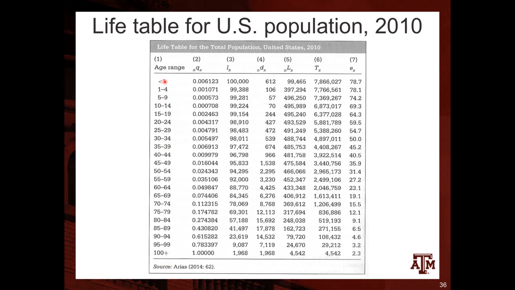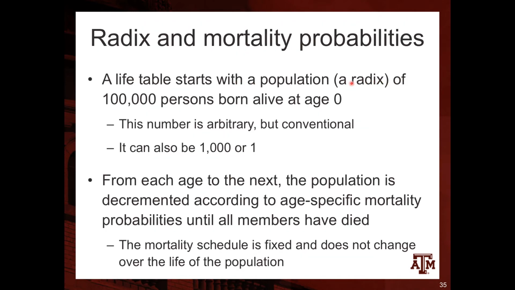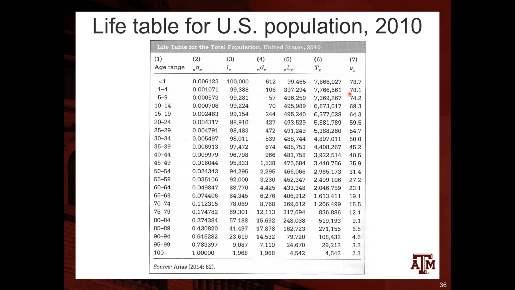We have 0 to 1 separated from 1 to 4 because for 0 to 1 we have the information about infant mortality. This is the probability of dying before reaching age 1. And then we have the radix of the life table, as we showed in the previous slide. This radix is the people who will be exposed to these mortality probabilities.